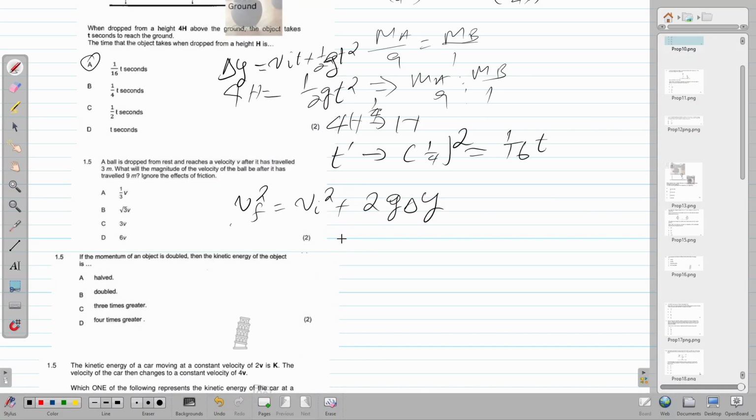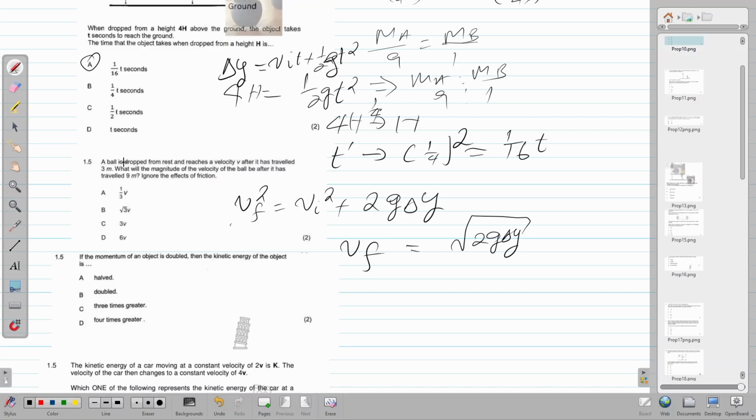It's dropped, so we deduce that the initial velocity is 0. So the final velocity is the square root of 2g times delta y. Then we observe that the velocity is directly proportional to the square root of displacement.